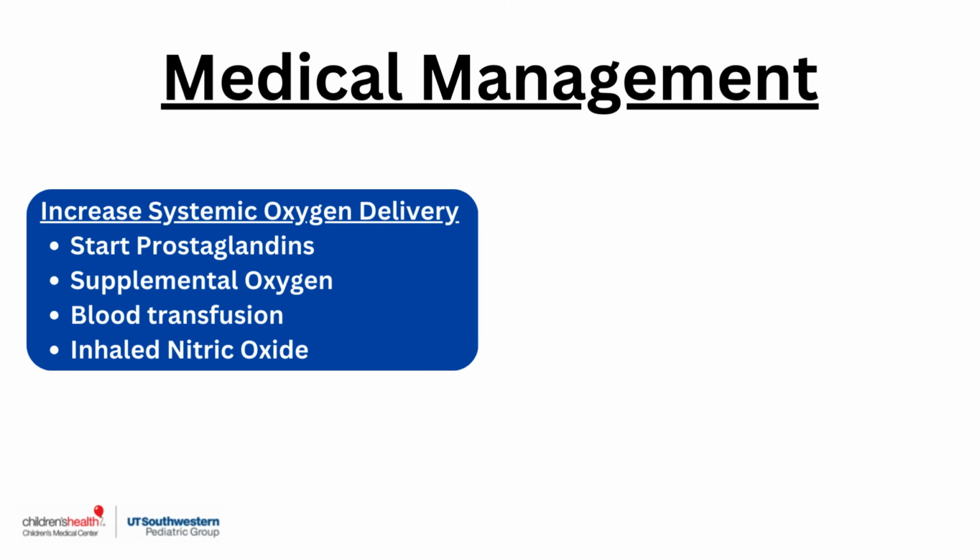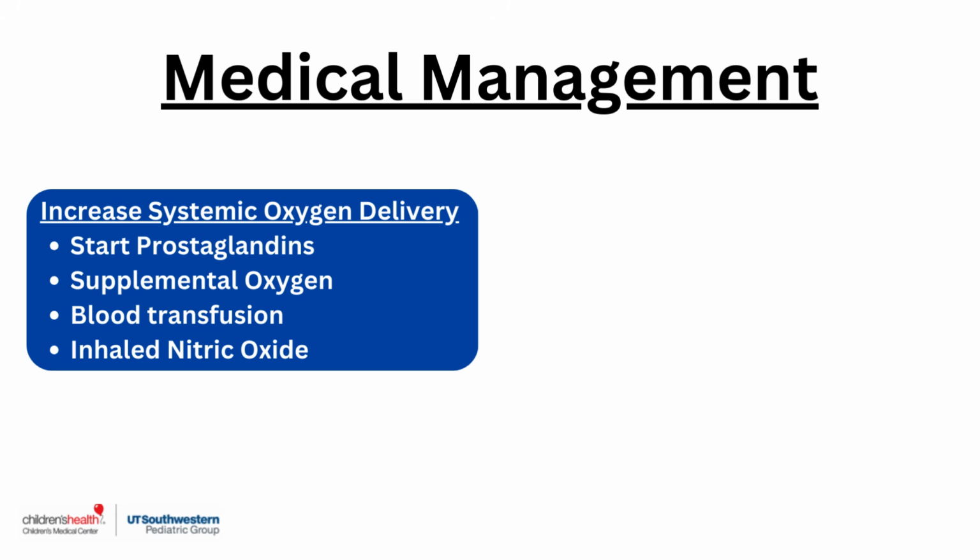Medical management strategies are primarily focused on either improving systemic oxygen delivery or reducing metabolic demand. In addition to starting prostaglandins, supplemental oxygen is often used. Other strategies to increase systemic oxygen delivery may include blood transfusion to increase the oxygen carrying capacity, or using inhaled nitric oxide to reduce the pulmonary vascular resistance and increase pulmonary blood flow.